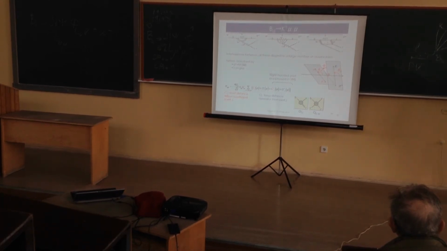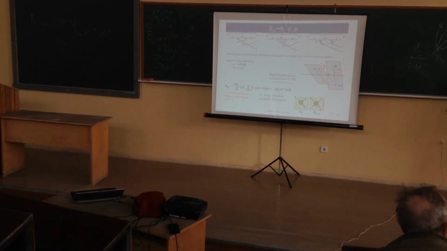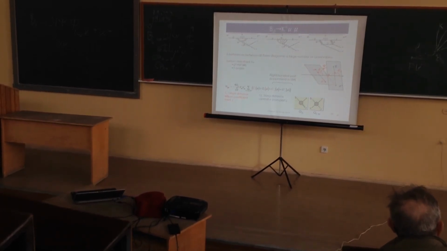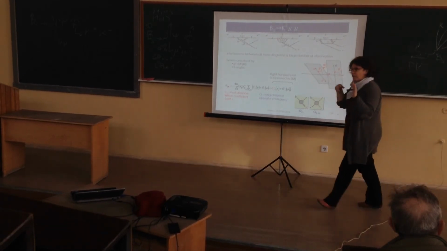When you have a B0, it gives you a K*0 mu plus mu minus, which gives you K plus pi minus. So looking at the charge of the K, you know if you have a B0. If you have a K minus, you have a B0 bar. So it's similar to J/psi phi, but slightly easier. You don't need the time, you don't need the tagging, but you still need the terrible angular formalism.